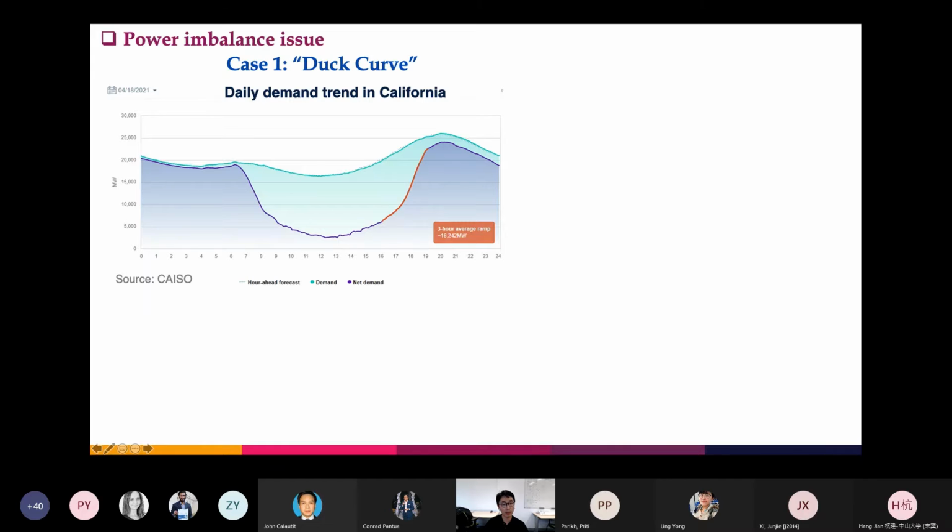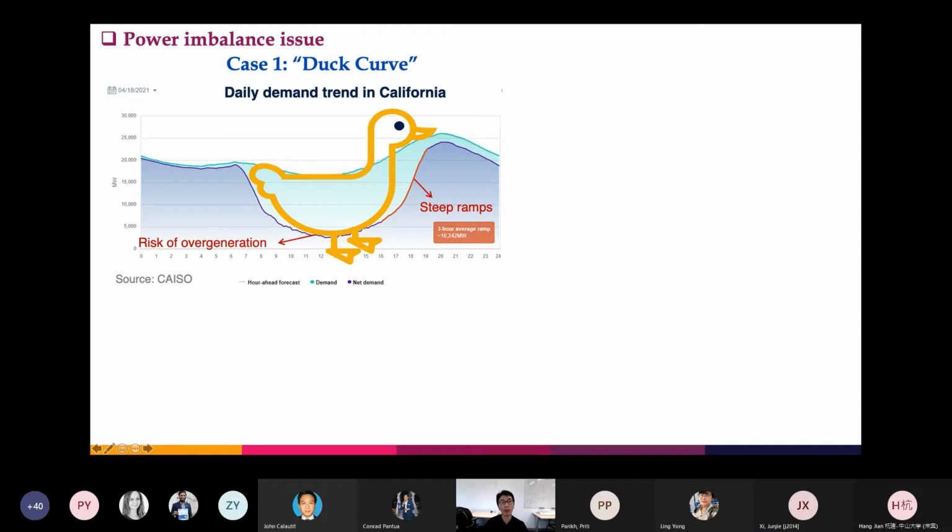The green line here is the demand, and the purple line is the net demand, which is simply the demand minus the generated renewable energies, including wind energy and solar energy. Because this curve looks like a duck, we call it the duck curve.